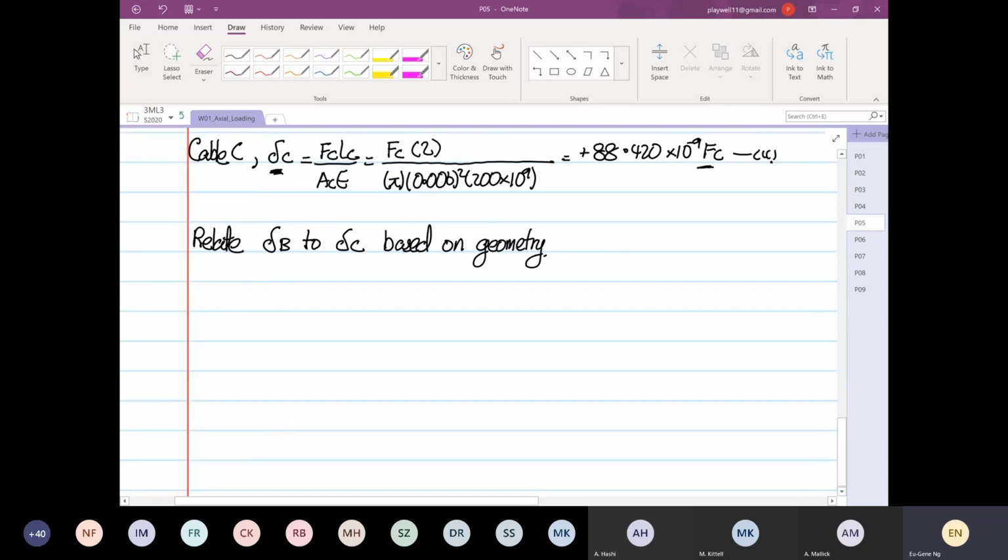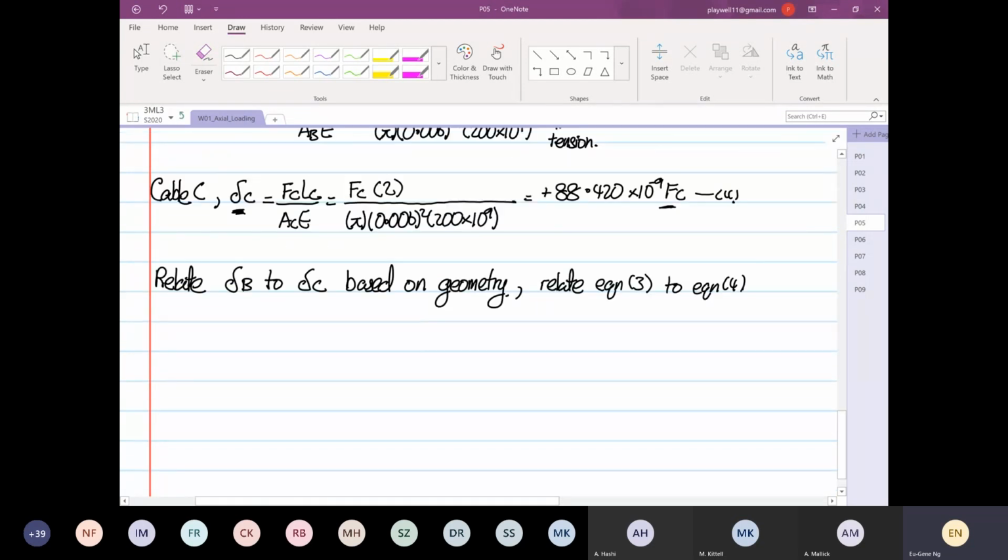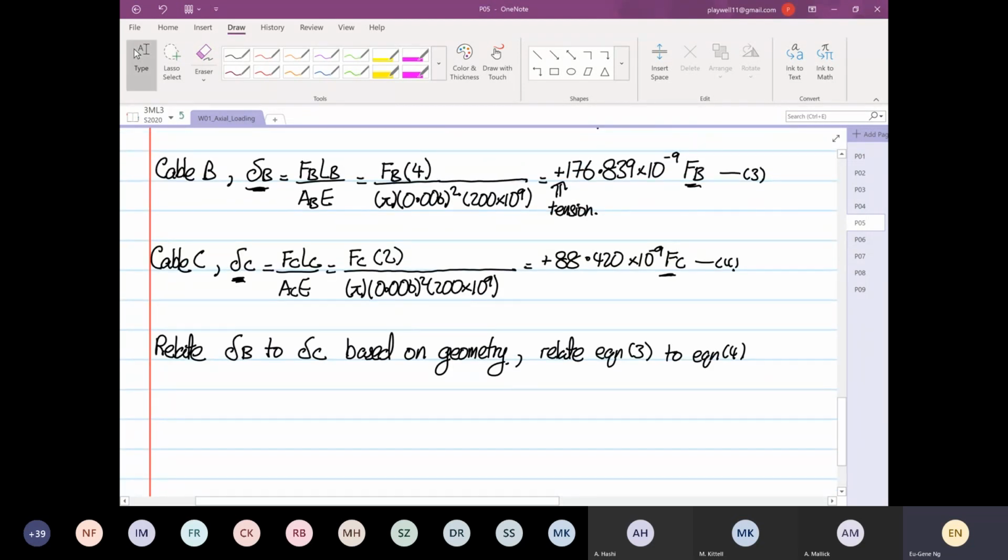So we're going to relate equation 3 to equation 4. And this is where an assumption we made earlier will really help.